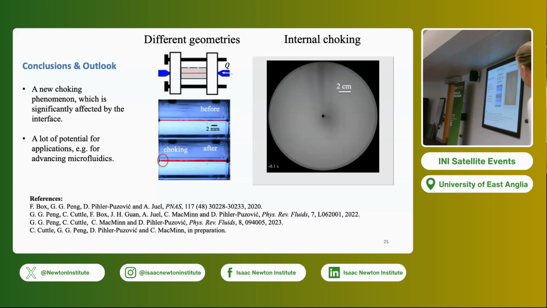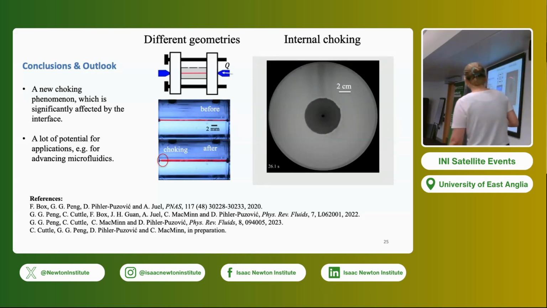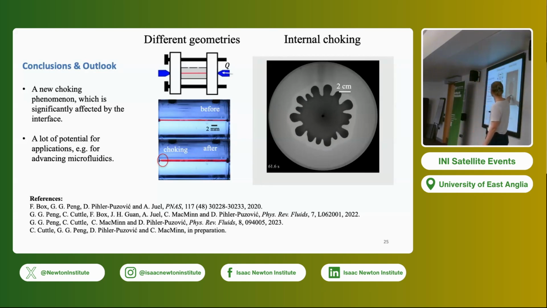Another project that we have on a similar topic is with Chris McMinn, and this is to do with the internal choking. Here, what we have is an empty cell, or a cell filled with air, and we're filling it with a viscous fluid. If I let this play, initially there is a nice uniform bubble expanding, but then you probably noticed the moment when there is this lighter gray region appearing around the bubble.